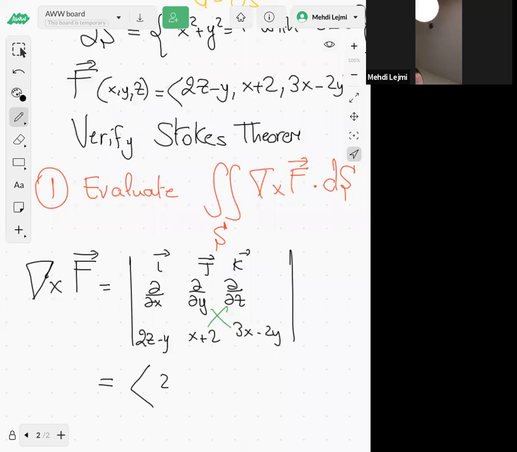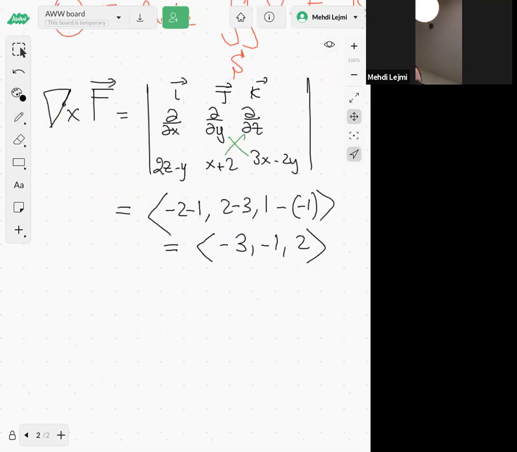Then 2 minus 3, and then 1 minus -1. If you have trouble with the curl, just let me know. So this curl of F is the vector field (-3, -1, 2), which is of course not 0.